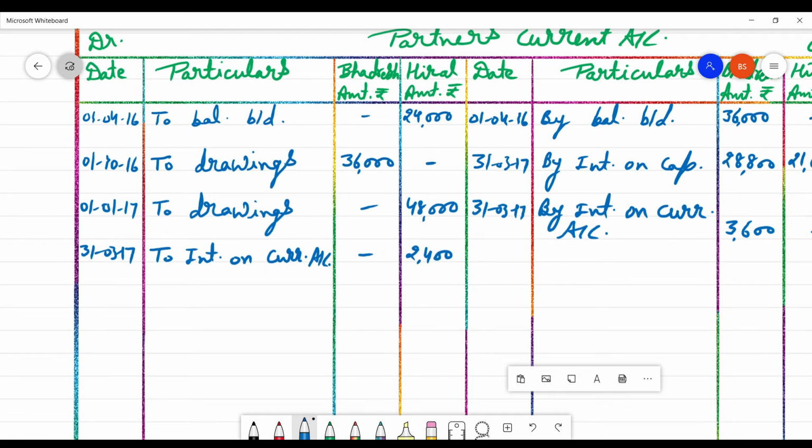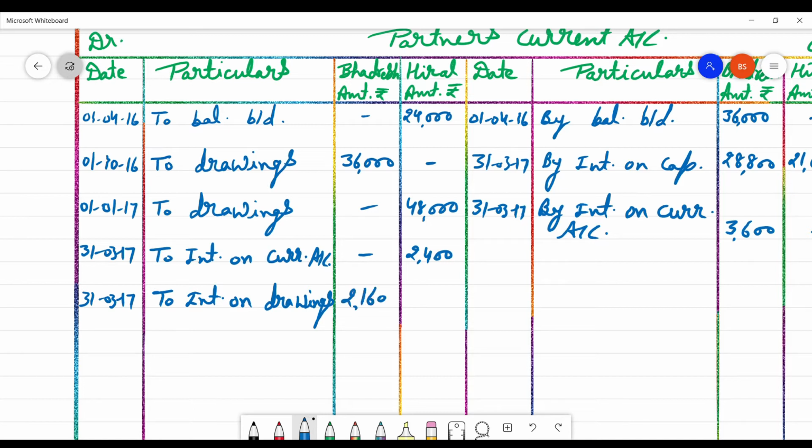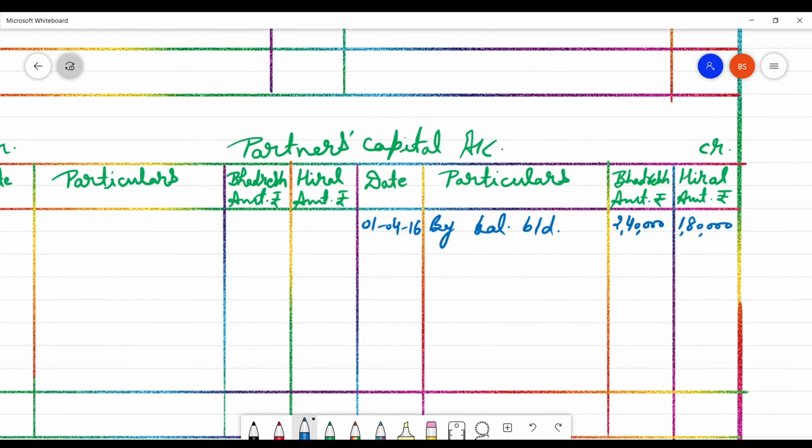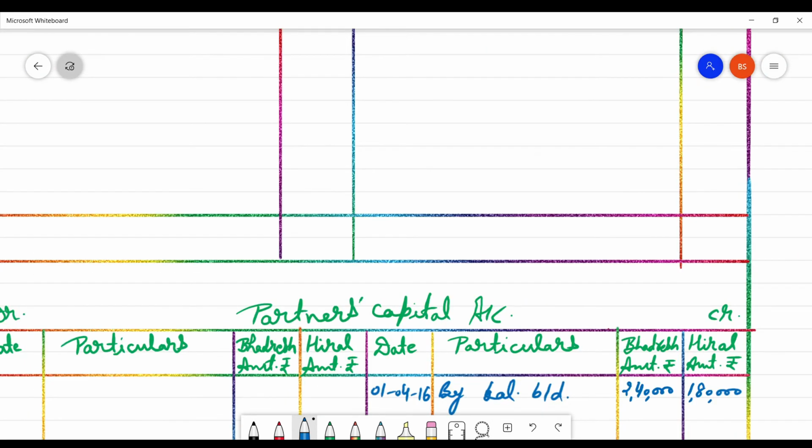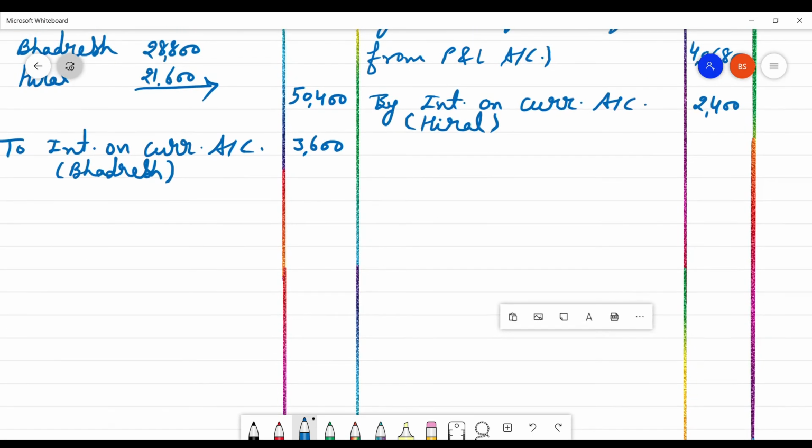So we will write it: partners' current accounts, debit side, to interest on drawings. The amount will be 2,160 of Bhadresh and 1,440 is for Hiral. And the next entry will be posted in the credit side of the P&L appropriation account by interest on drawings.